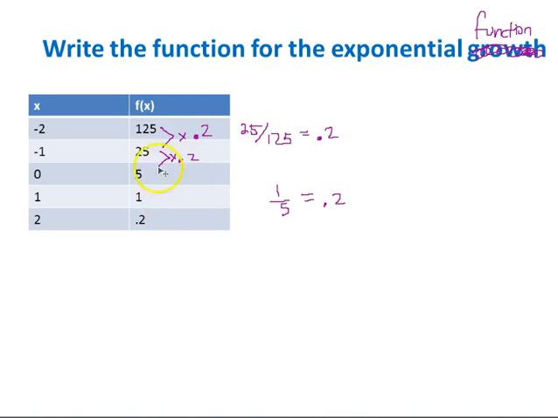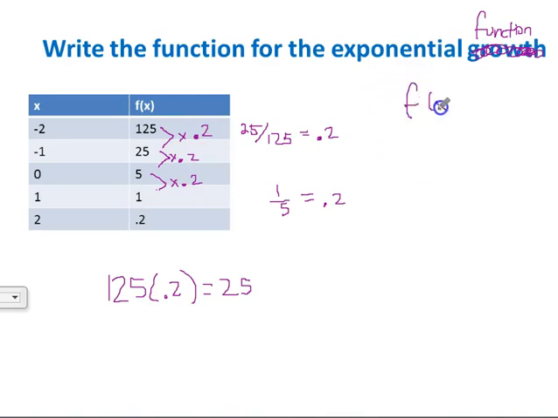If you use a calculator, we can check that. If I say 125 times 0.2, what do you think I'm going to get? We should get 25. 125 times 0.2 is in fact 25. So we always want to look for a multiple, even if we're getting smaller.